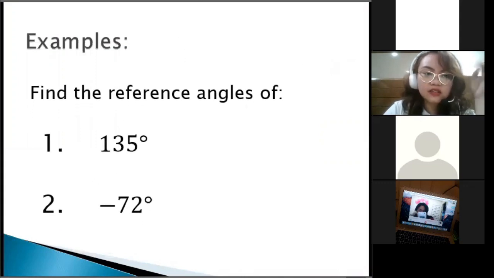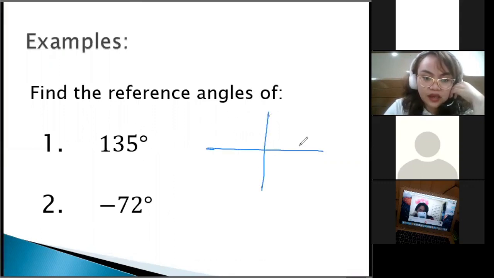Another set. This time you don't have your graph with you. Since I am very visual, I prefer to draw the graphs first. So I have my x and y axis. I begin with my initial side here, 135. Should I move here? Will I go past it? Yes, of course.